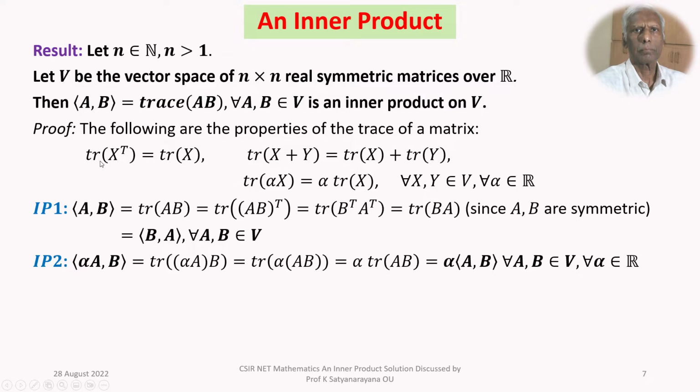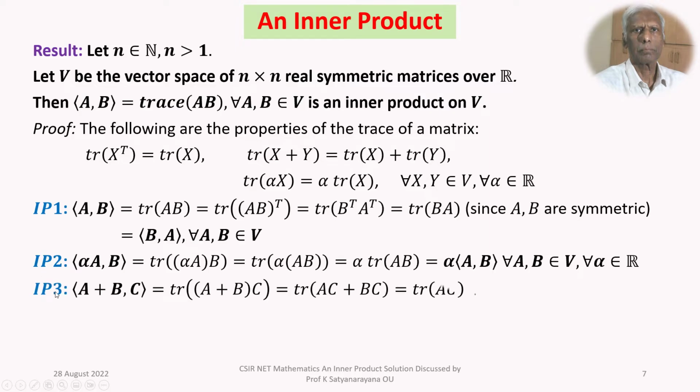And we have the property trace of alpha X is equal to alpha times trace of X. Therefore, trace of alpha times the product AB is equal to alpha times the trace of AB. And the trace of AB is the bracket A comma B. Therefore, this will be alpha times bracket A comma B, true for all matrices A, B belonging to V, for all alpha belonging to R.